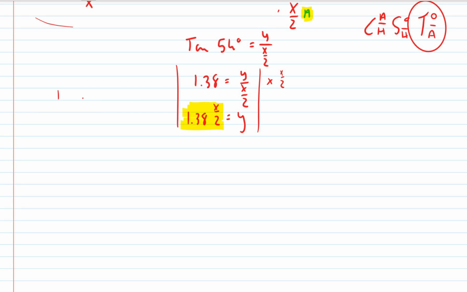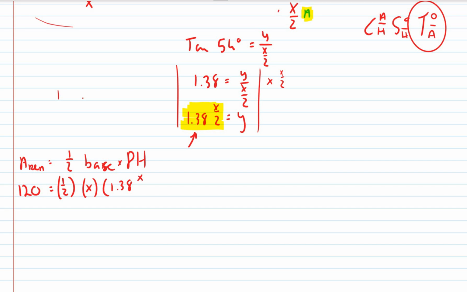Now I'm going to concentrate on my area. So remember, area of a triangle equals half the base multiplied by the perpendicular height. Well, I know what the area is, it's 120. The base is x, and the perpendicular height is this, 1.38 multiplied by x over 2.